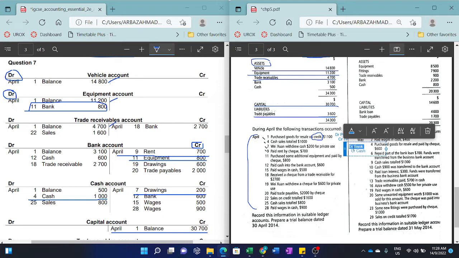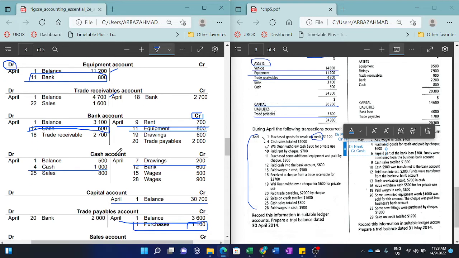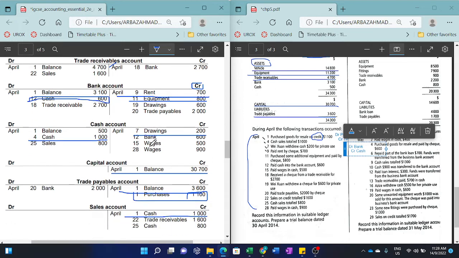So now you have no cash and your bank balance has increased by 100. So your cash decreases and your bank balance increases.